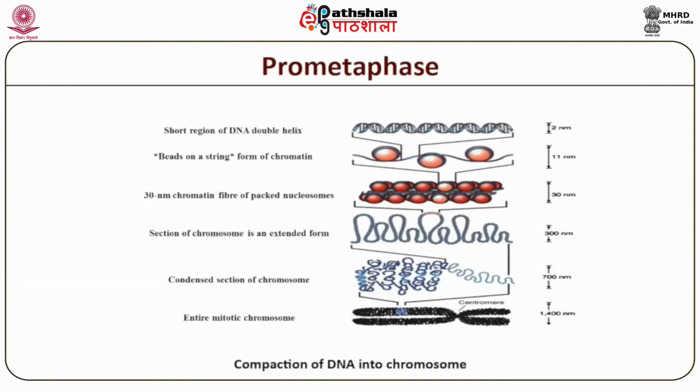Mitotic chromosomes are composed of similar types of fibers as seen by electron microscopic examination of whole chromosomes isolated from mitotic cells. It appears that chromosome compaction does not alter the nature of the chromatin fiber, but rather the way that the chromatin fiber is packaged.